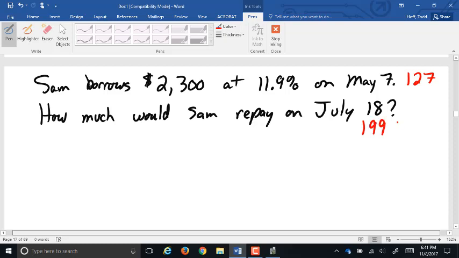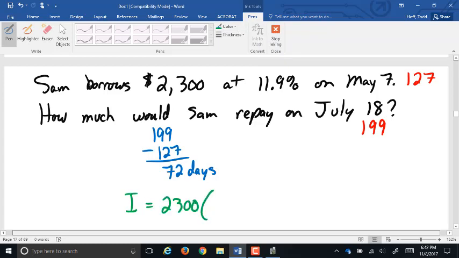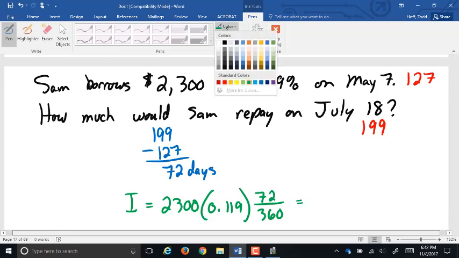Okay. So that means the number of days that have gone by, 199 minus 127, is 72 days. So our interest is 2,300 times 0.119 times 72 over 360. What does that give us?